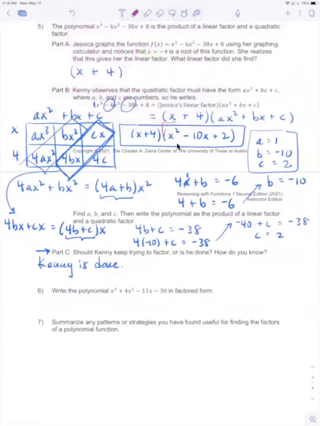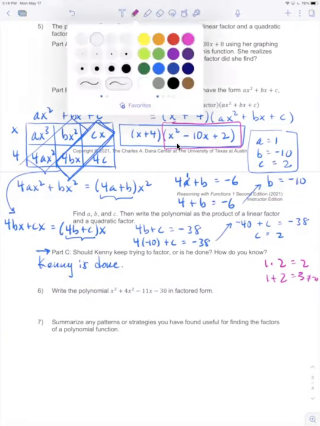If we look at what I'm outlining in this pink color, it's a trinomial, x squared minus 10x plus 2. And if we think about factoring this, the factors of 2 are 1 and 2. So 1 times 2 is 2, but 1 plus 2 is equal to 3. And we need it to be equal to -10, which it's not. So knowing this, that tells us that we are done factoring this.